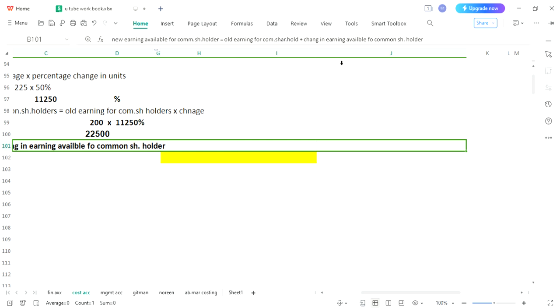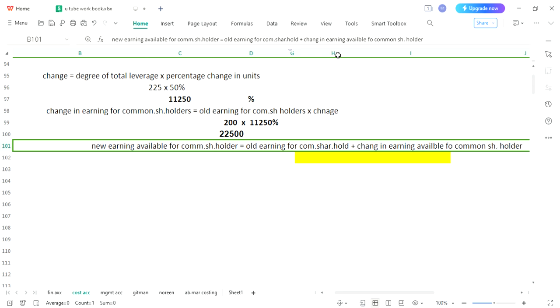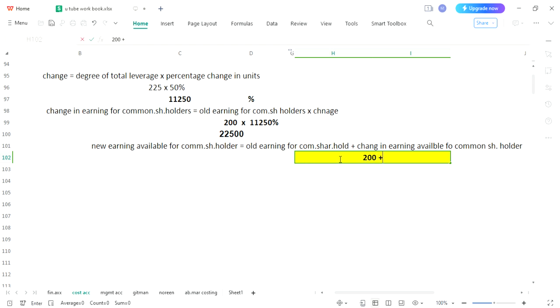By writing it would be a little easy for you. Later on you will see it and you will understand what we are going to do. Look over here, your old earning was 200 and this would be the change by increasing your number of units from 30,000 to 45,000. Old earning was 200, please understand. And then we need to add your change. Change was 22,500.